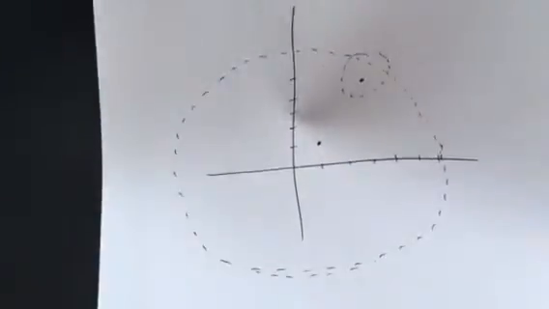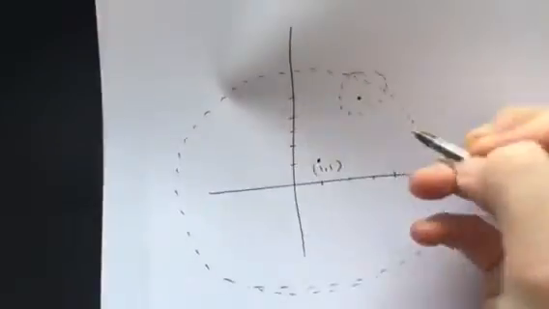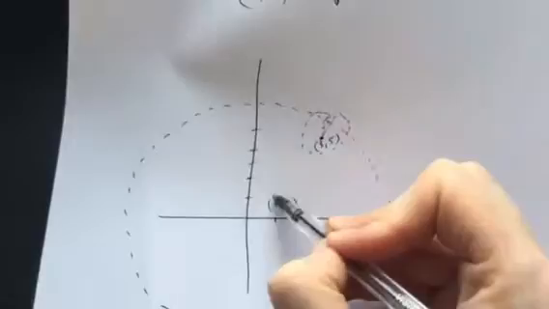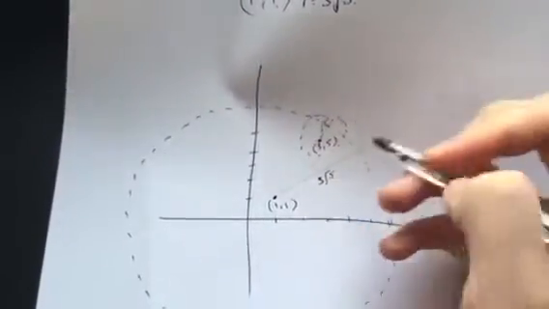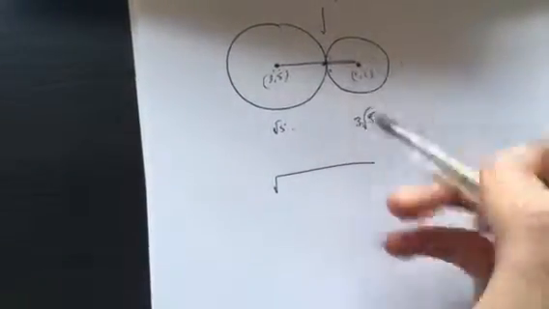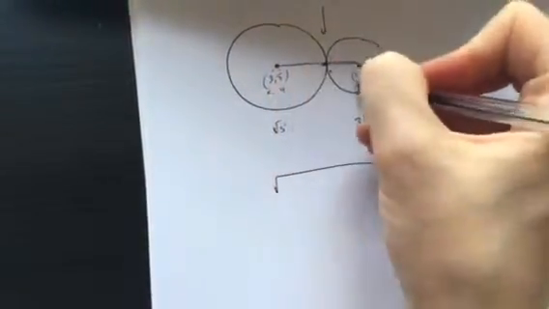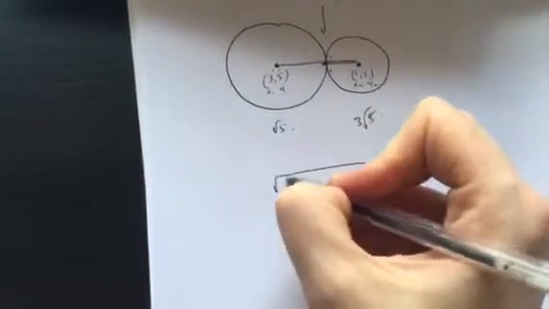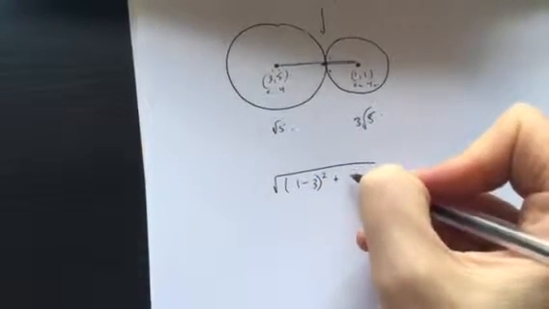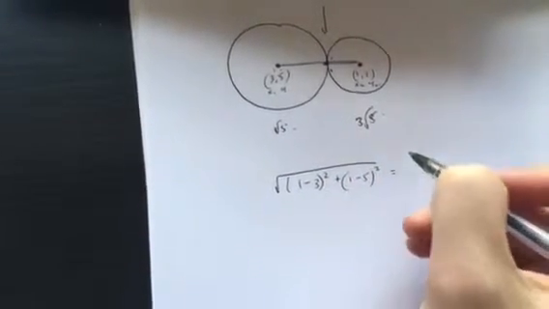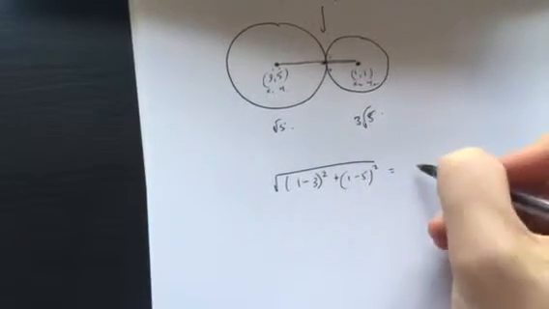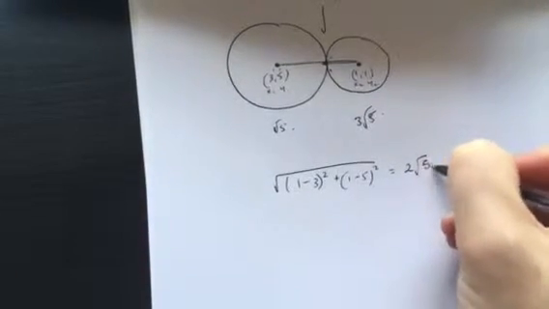Right, so this is obviously a better sketch, where this is 1, 1, this is 3, 5, this has a radius of root 5, and this has a radius of 3 root 5. And if I can find the distance from this one to this one, so I'll call this one x1, y1, x2, y2, I'd have x2 minus x1 squared plus y2 minus y1 squared, and if you work that out, you would get 2 root 5.